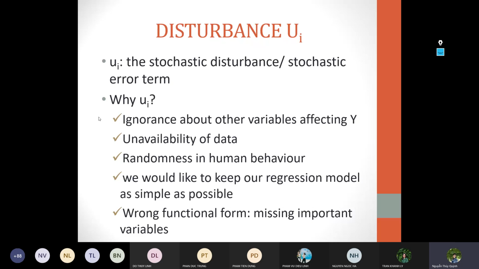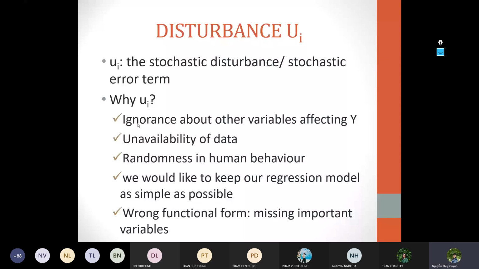The first one is that sometimes we are ignorant about the variables that affect the value of Y. From economic theories or from the results of previous researchers, we may find some variables that affect Y, but there may be other variables that also affect Y that we do not know about.